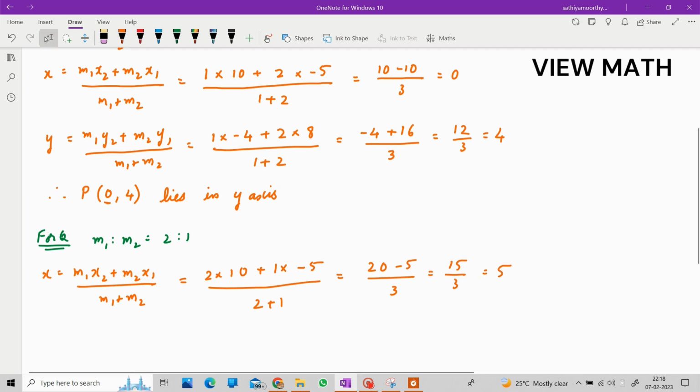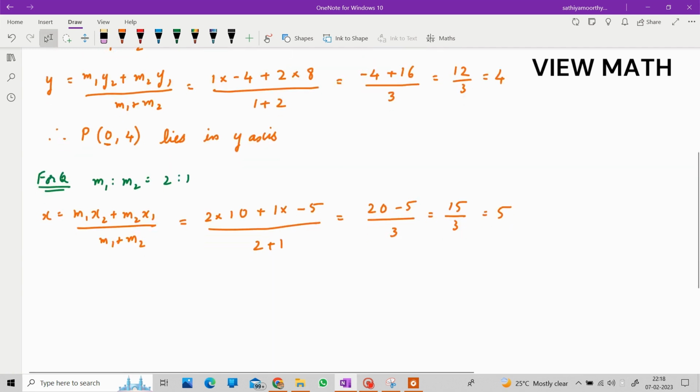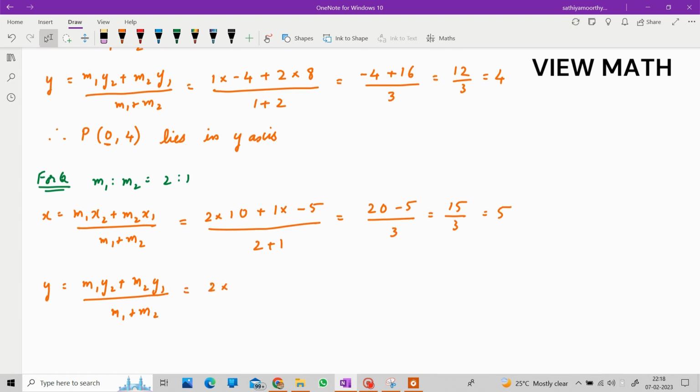Now let me find the y coordinate for Q. y is equal to (m1y2 + m2y1) divided by (m1 + m2), which is 2 into y2 is -4, plus m2 is 1 into y1 is 8, divided by m1 plus m2, which is 2 plus 1.